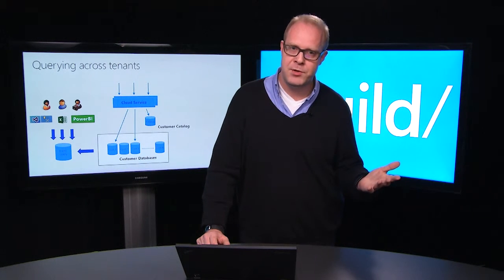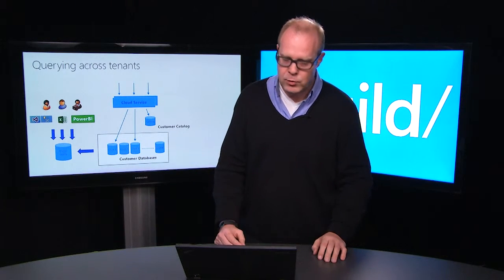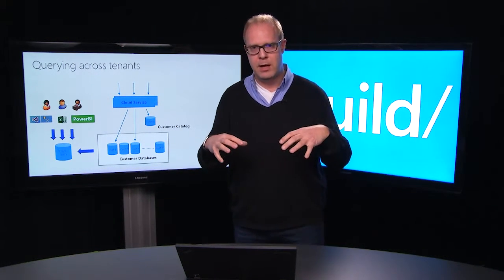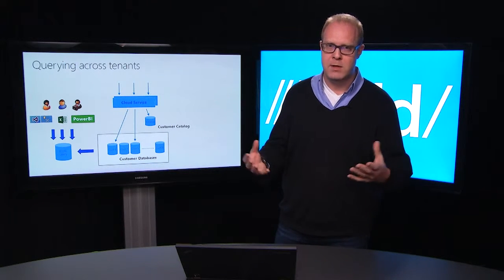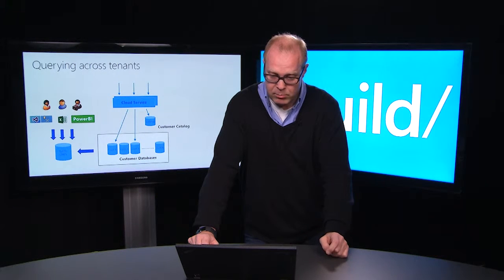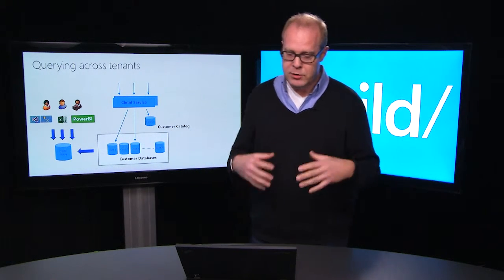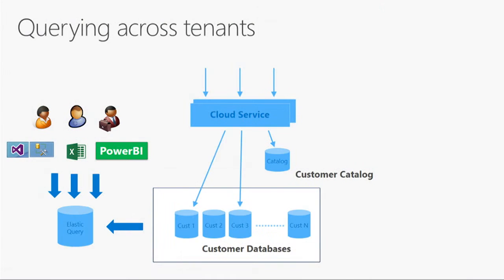That can be a reporting scenario where you go into Excel, Power BI, or even in Management Studio, and you want to connect to a single place and get an all-up view about what's happening in your data tier with lots of databases in the pool. And the capability that accompanies pools to make that happen is what we call Elastic Database Query.